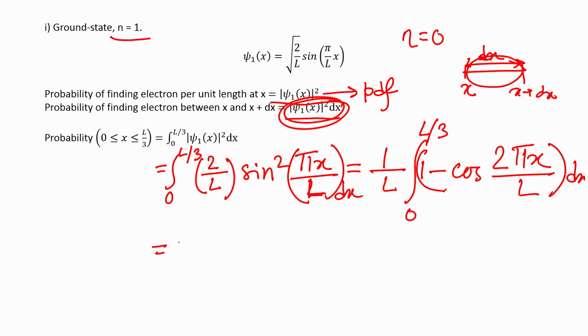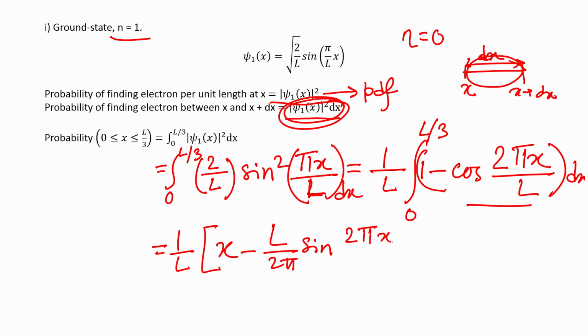If you do this integration, it will come as 1 by L times x minus, the integral of cos is sine, so L by 2 pi sine 2 pi x by L.